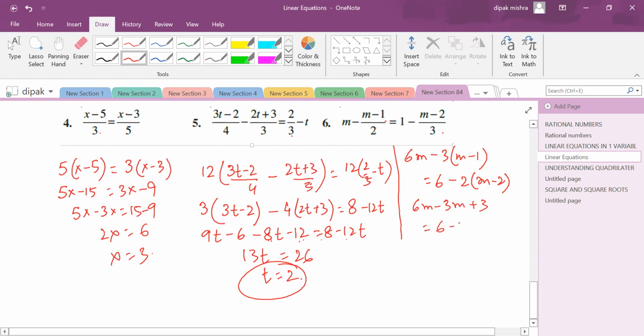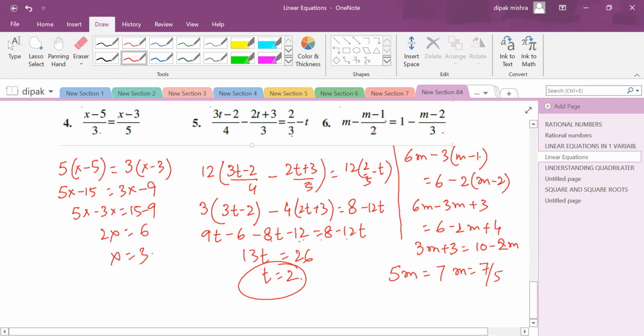That is equal to 6 minus 2m plus 4. So 6m minus 3m is 3m plus 3 is equal to 10 minus 2m. So 3m plus 2m is 5m, and 10 minus 3 is 7. So m will be equal to 7 over 5.